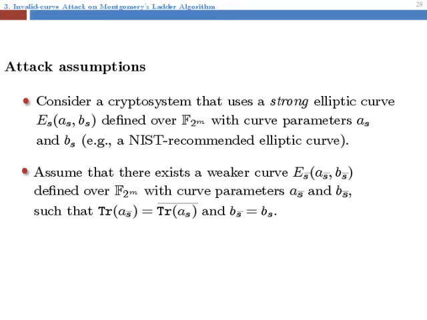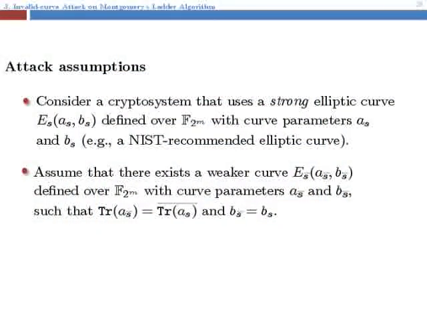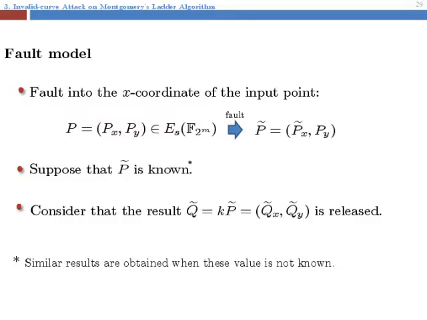We consider that we have a cryptosystem using a strong elliptic curve, for example, those recommended by NIST, with parameters AS and BS. And we assume that there exists a weaker curve with the same parameter B, but with a different parameter A. Okay? This happens for 9 of 10 NIST recommended curves.